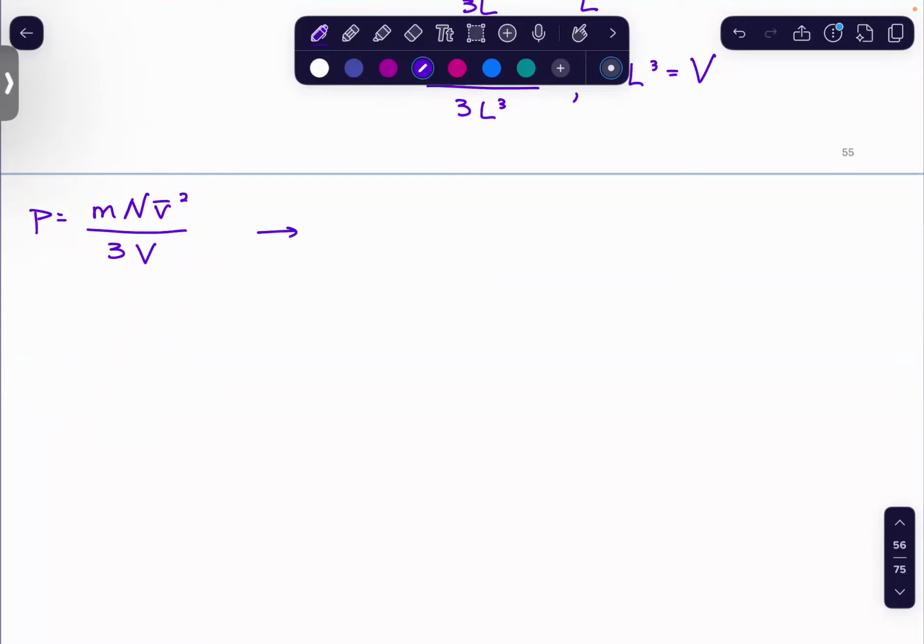So now we're going to have PV equals m N v squared over 3, or 1/3 mass of your molecule, number of your molecules, average velocity of a molecule squared. Okay, well, we're getting close because you notice we've gotten PV to pop out of this.